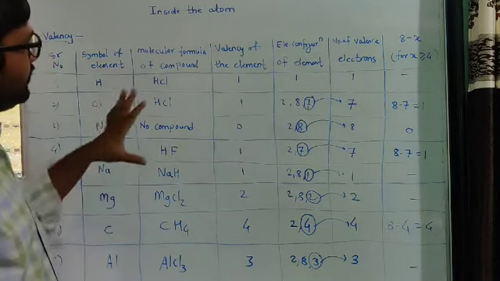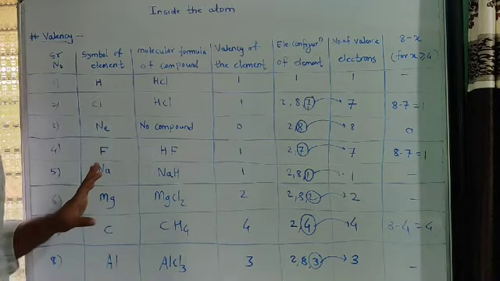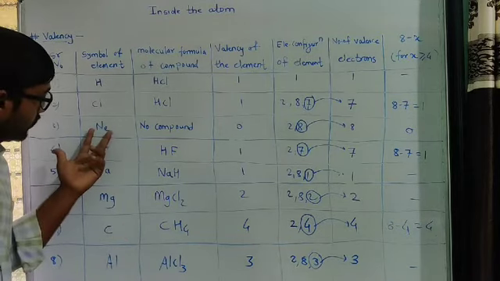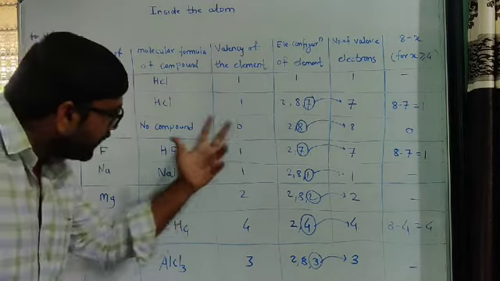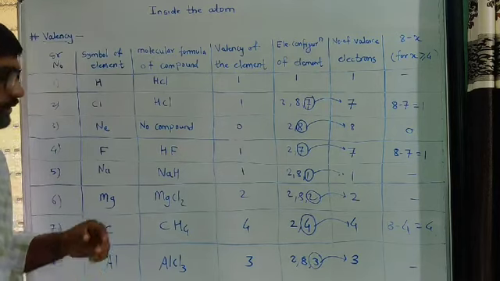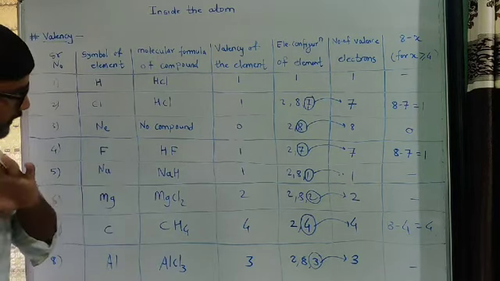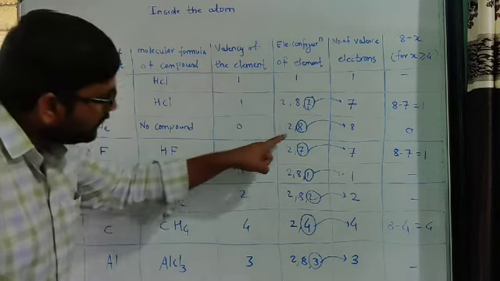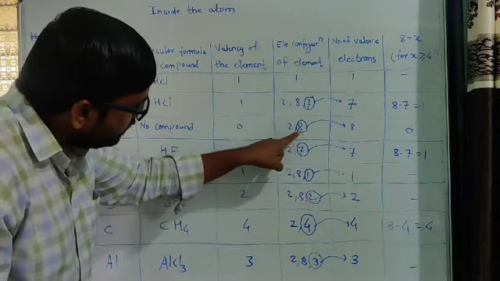The element which has zero valency does not form any compound, because its octet is complete.